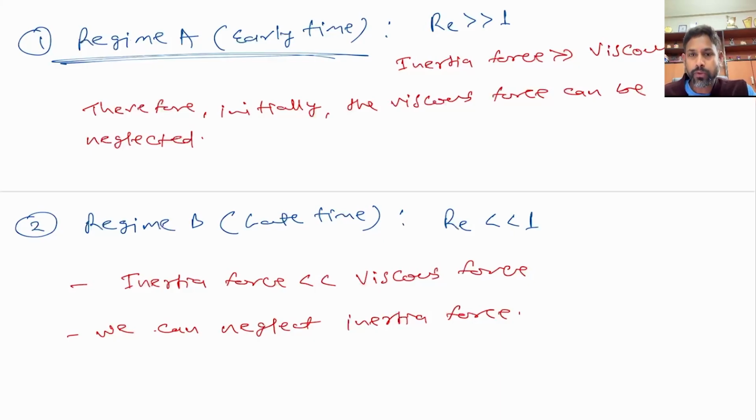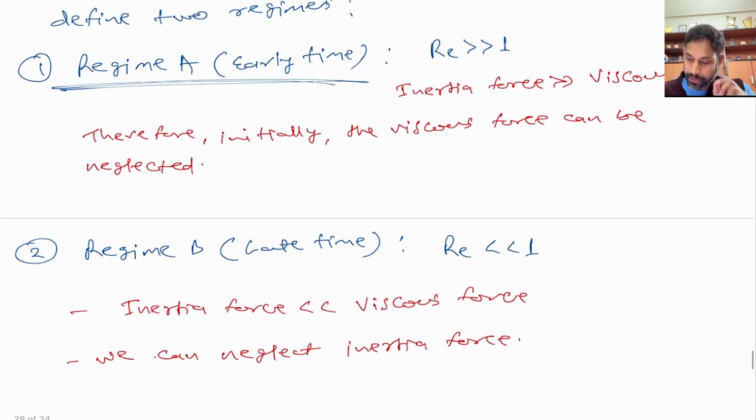But there is one more force which is actually balancing these forces. So in case 1 we have inertia force significantly, whereas in case 2 we have significant viscous force. In both the cases there is one force, that is the buoyancy force, that is actually balancing these forces.